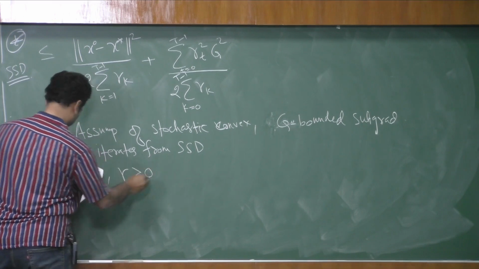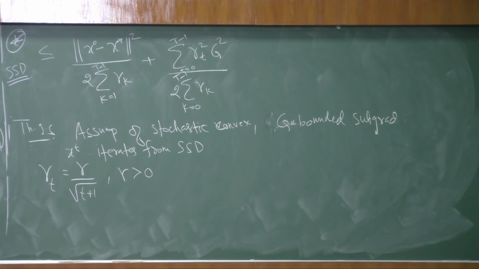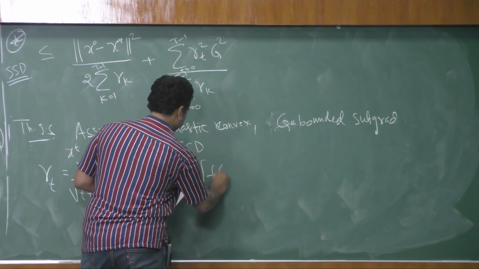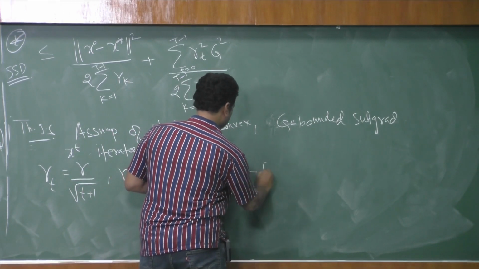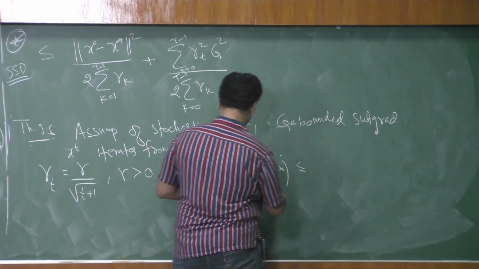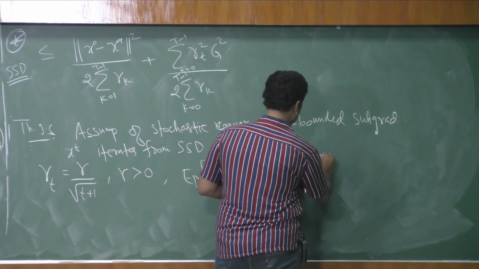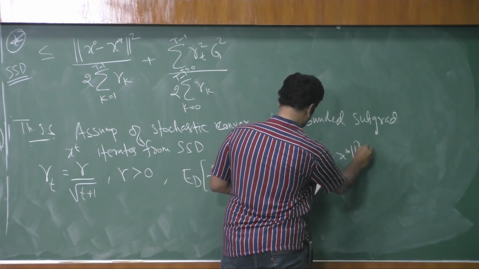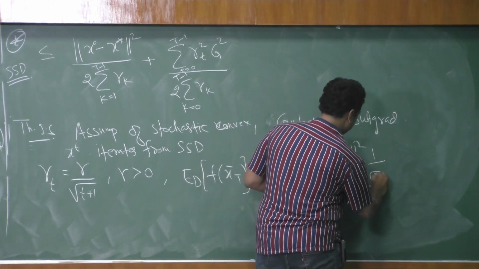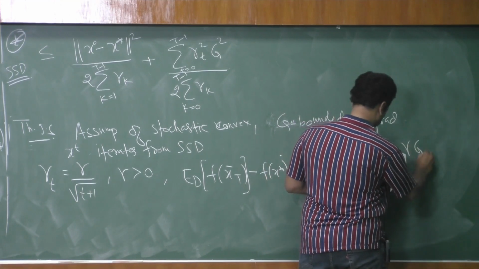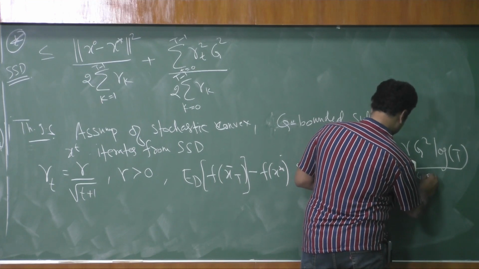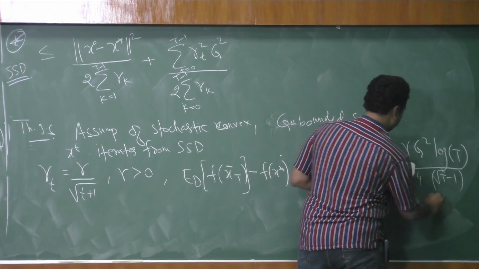In this case the bound above reduces to: the expectation of f(x bar t) minus f(x star) is less than or equal to norm of x naught minus x star whole squared divided by 4 gamma times 1 by square root of t minus 1, plus gamma G squared log t divided by 4 square root of t minus 1.